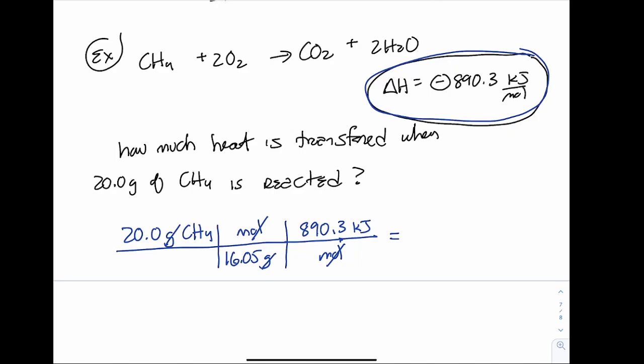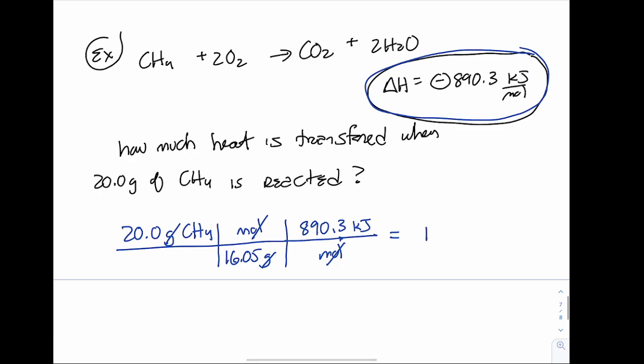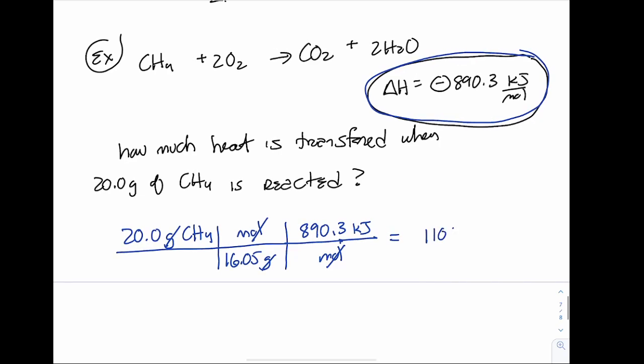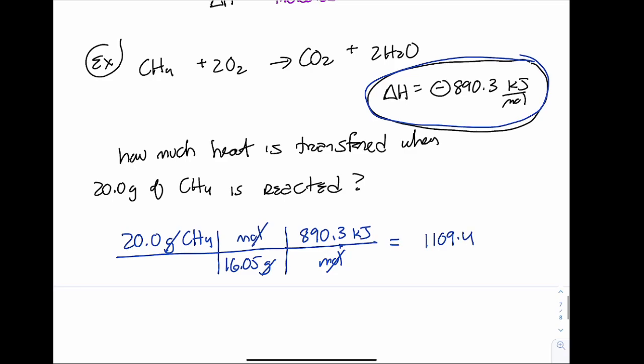So 20 divided by 16.05 multiplied by 890.3, and that gives me 1,109.4. We'll do sig figs here in a second.